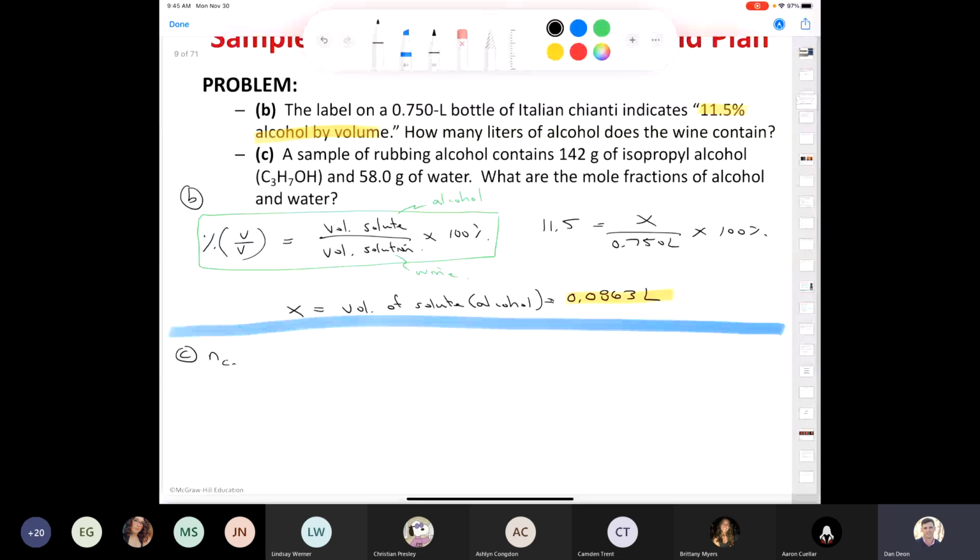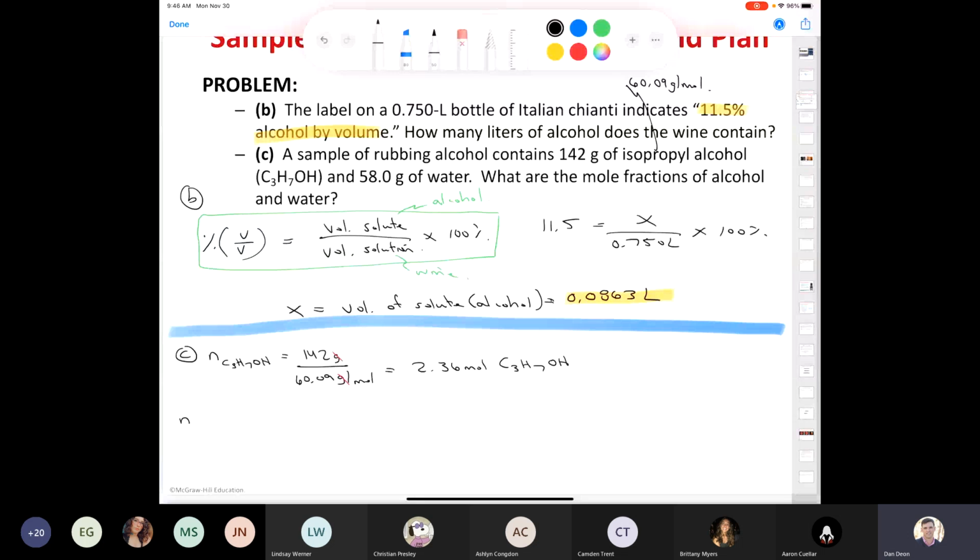So number of moles of C3H7OH is going to be equal to 142 grams divided by, and I've looked up the molar mass of isopropyl alcohol, it is 60.09 grams per mole. When I work all that out in my calculator, that's equal to 2.36 moles of isopropanol, C3H7OH.